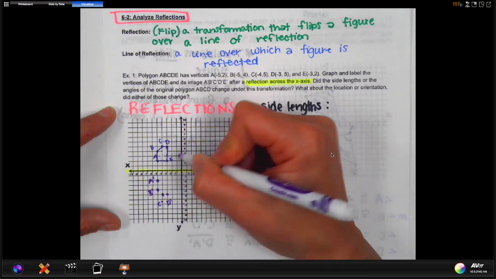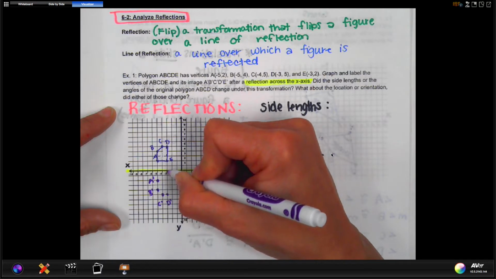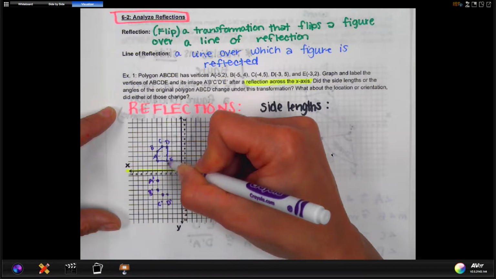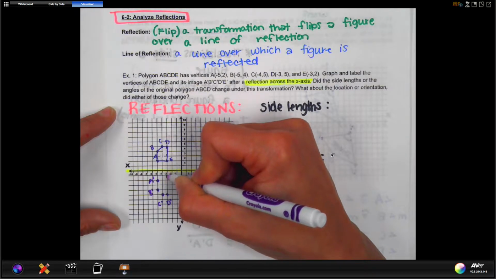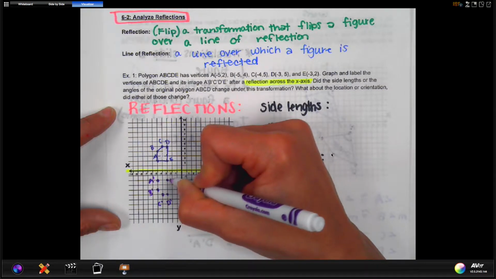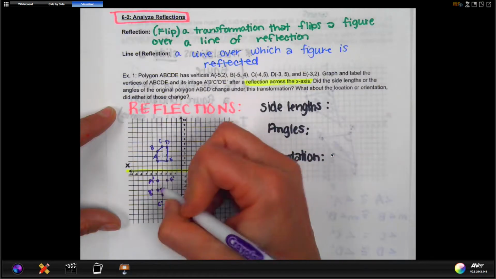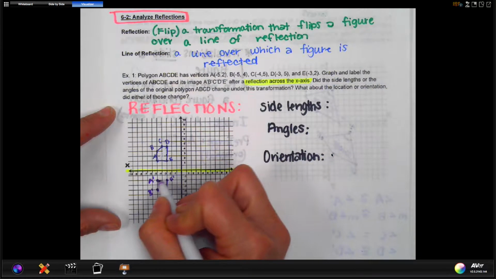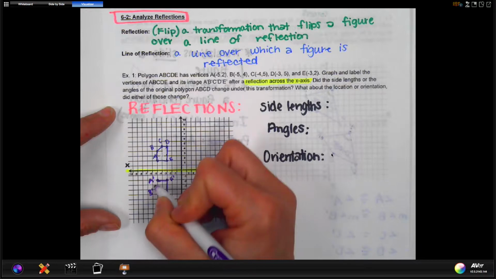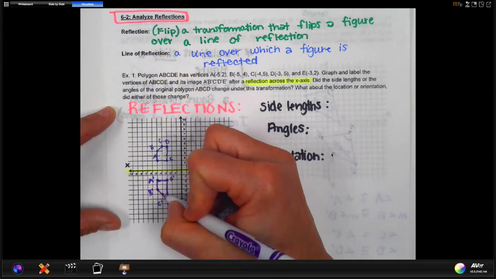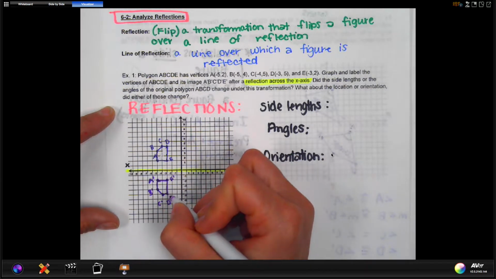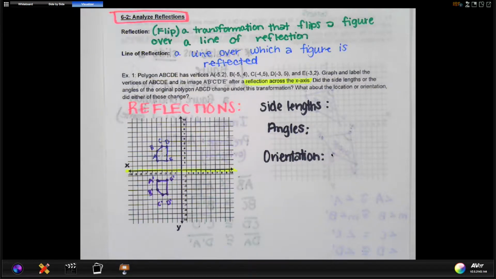Finally, E is on the line x = -3 also, and it's 2 above, so E prime is going to land 2 below. Then you want to make sure you reconnect your figure. Reconnect those dots, and it should look identical to your original, only flipped over that line of reflection, and it does. So this is how we do a reflection.